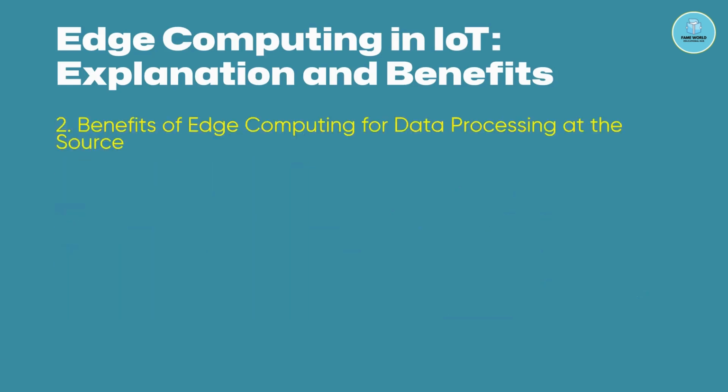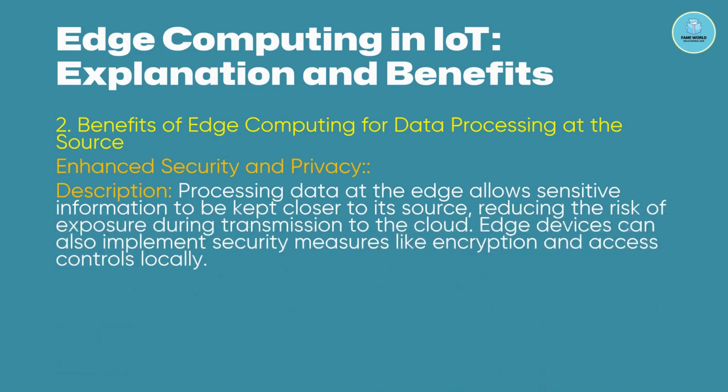Then, the benefits of edge computing for data processing at the source: enhanced security and privacy. Processing data at the edge allows sensitive information to be kept closer to its source, reducing the risk of exposure during transmission to the cloud.